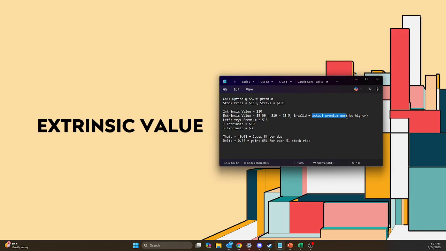The actual premium must be higher, so that's why it doesn't make sense. Now if we use $13 as our premium, so we are now paying $1,300 for a contract, our intrinsic value is still $10 because it's $10 over the strike, but our extrinsic value is $3. Does that make sense?